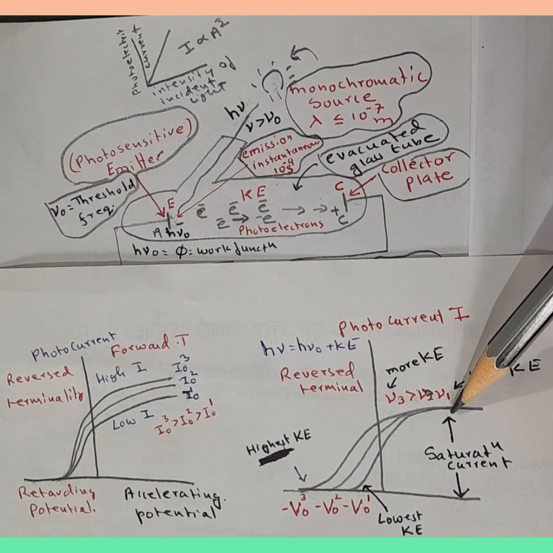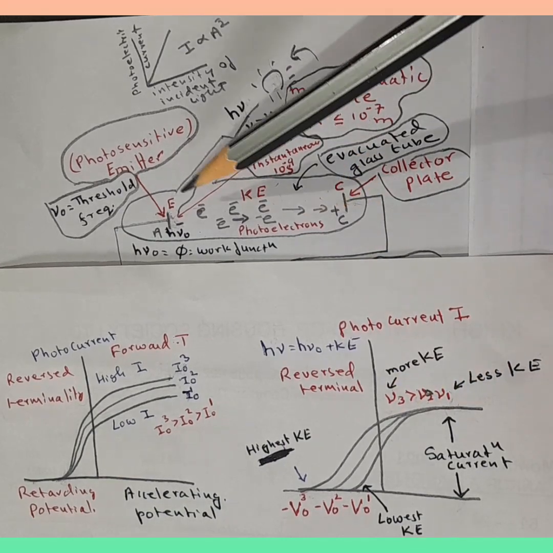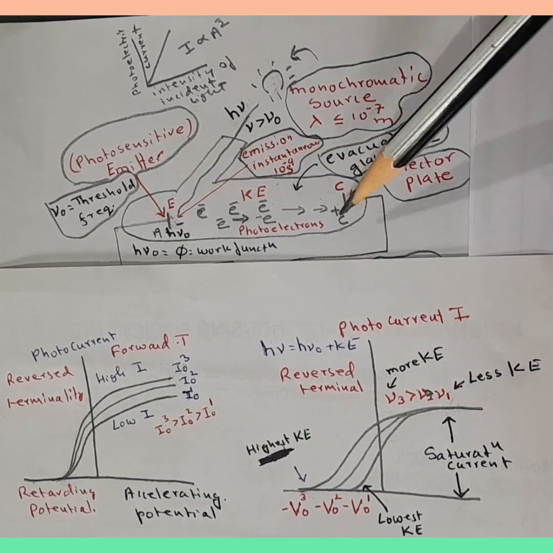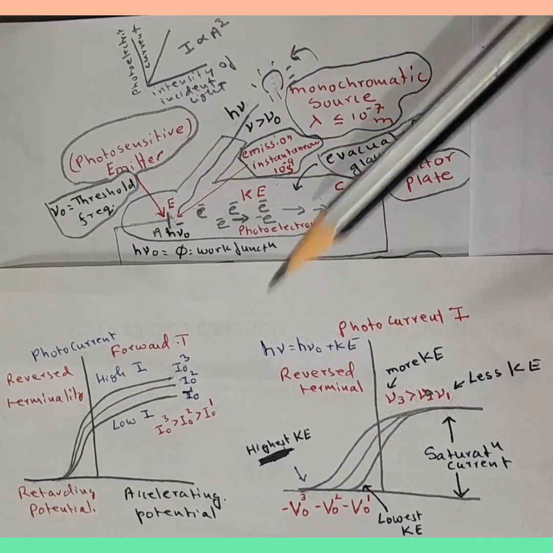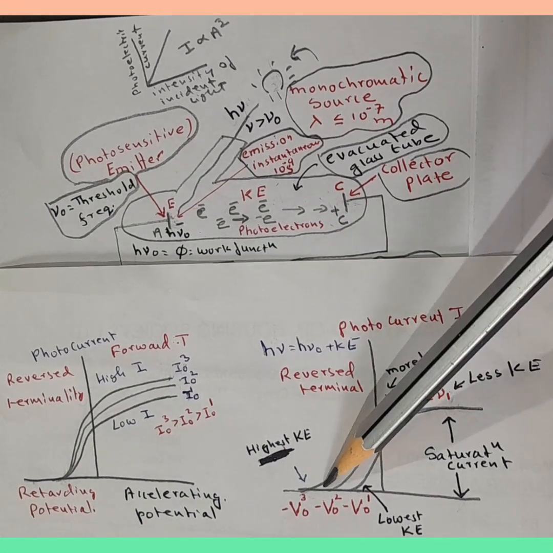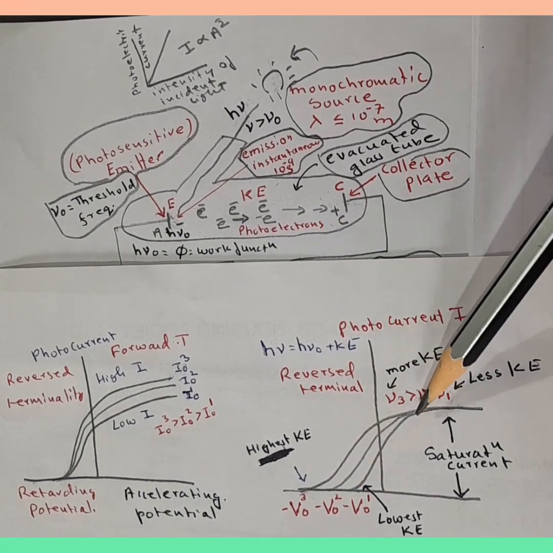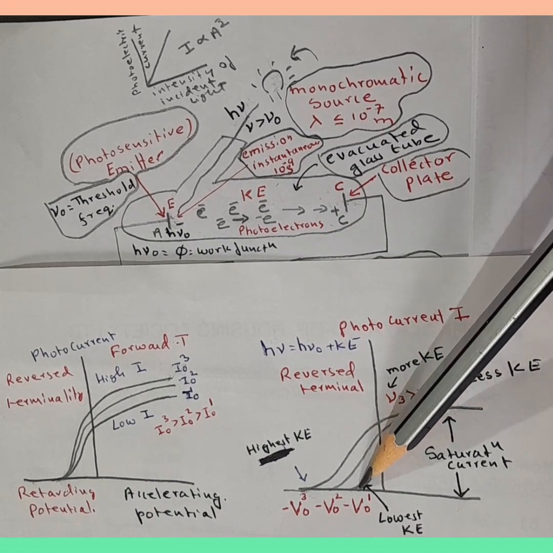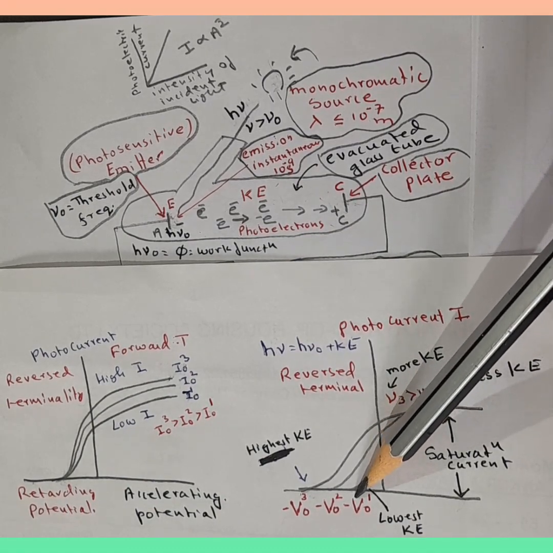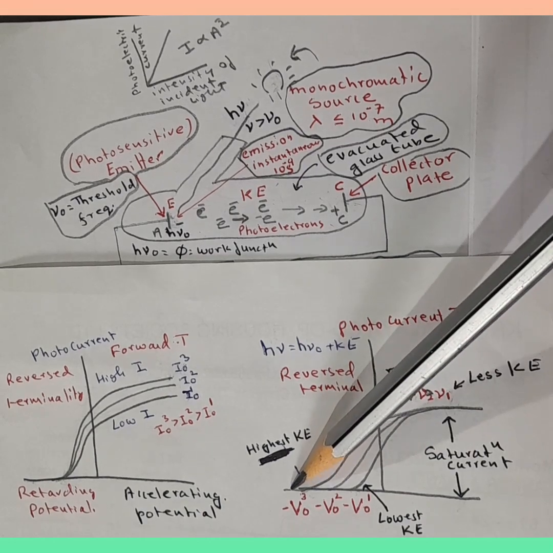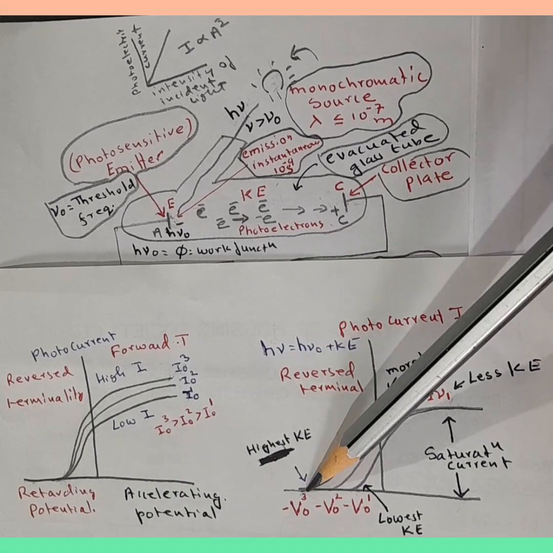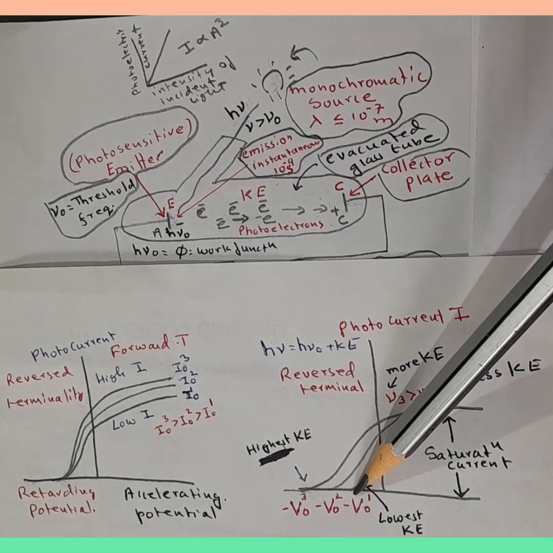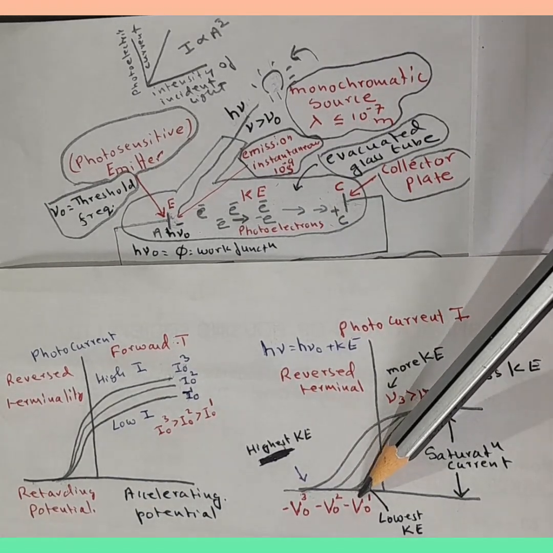Now let us see what happens when we use the commutator and reverse the potential, interchange the potential. That is the reverse terminal. This one is for frequency 1 and this one is for frequency 3. We find here that the stopping potential for frequency 3 is much greater than the stopping potential for frequency 1.